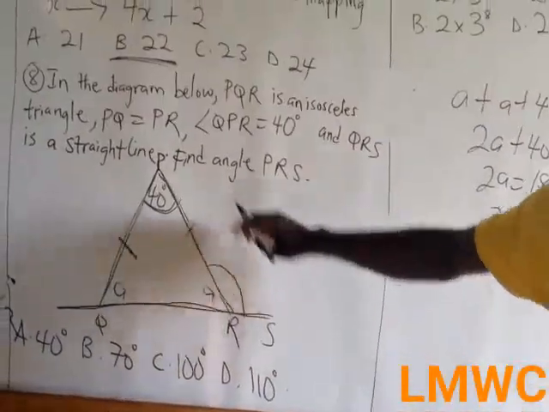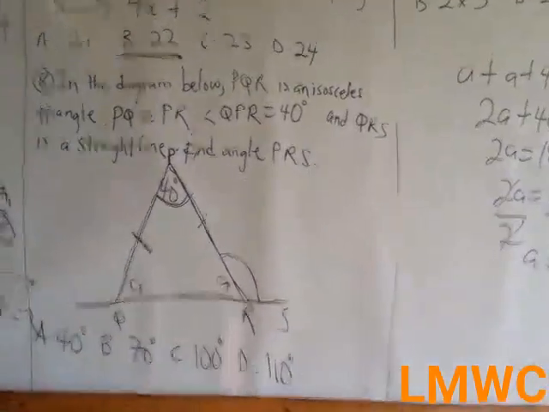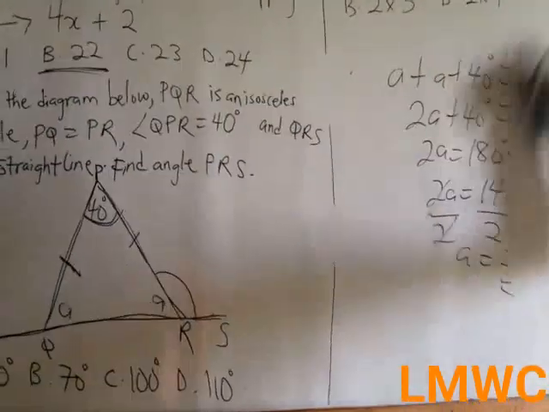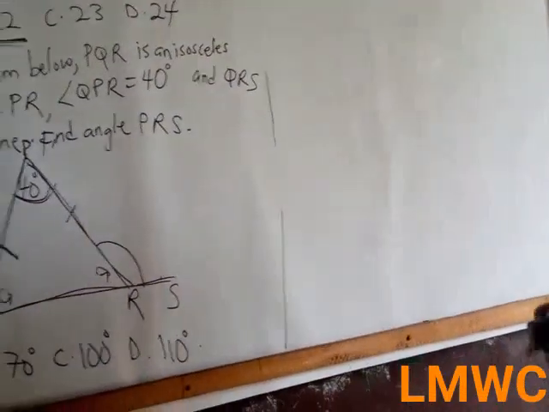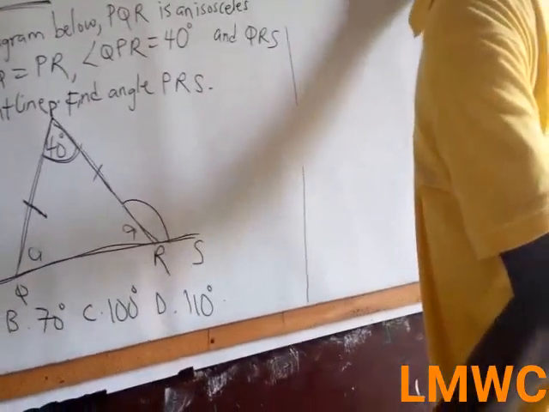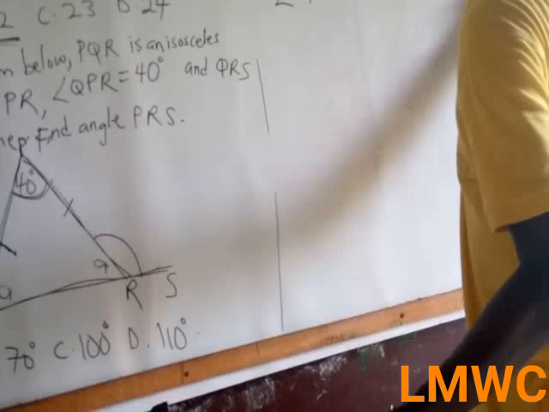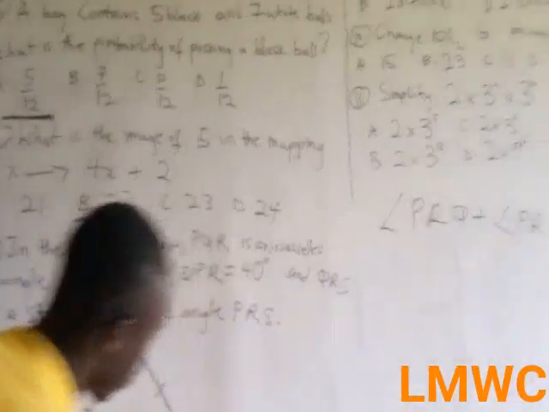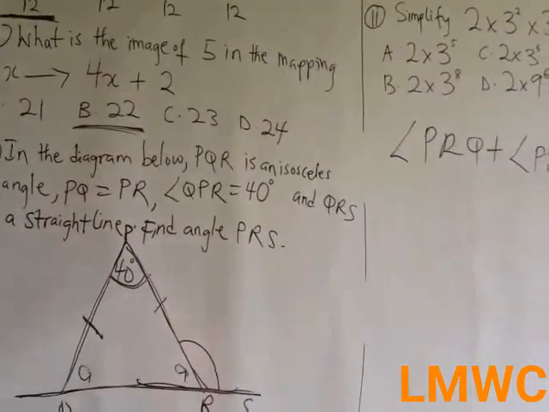Now, we want angle PRS. So this is what you do. To get angle PRS, angle PRQ plus angle PRS is equal to 180 degrees, because this is a straight angle, and angles on a straight line add up to 180 degrees.